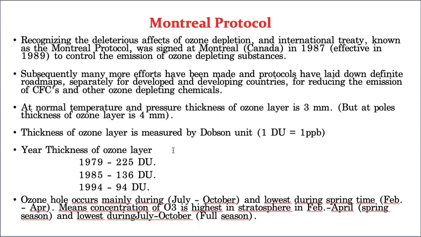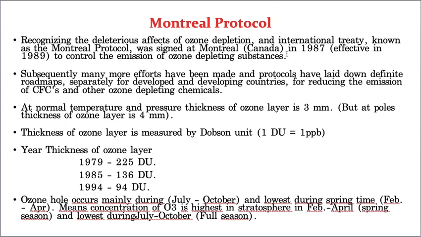Montreal Protocol. The Montreal Protocol is an international treaty in which they wanted to control the gases and pollutants which are causing ozone depletion. Recognizing the deleterious effects of ozone depletion, the international treaty known as the Montreal Protocol was signed at Montreal, Canada in 1987.